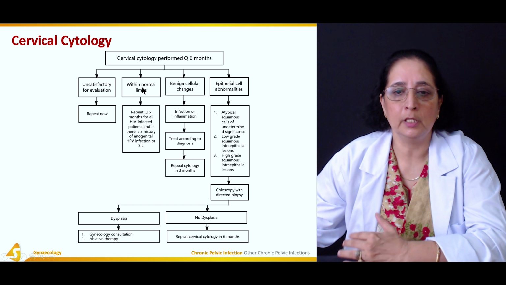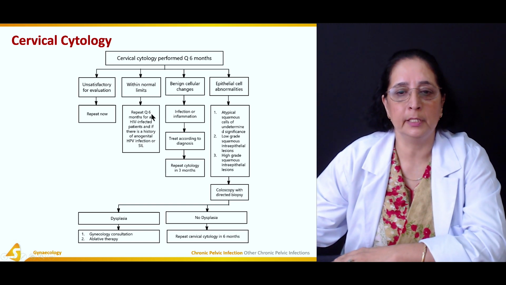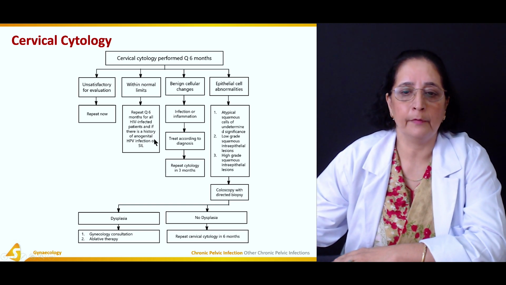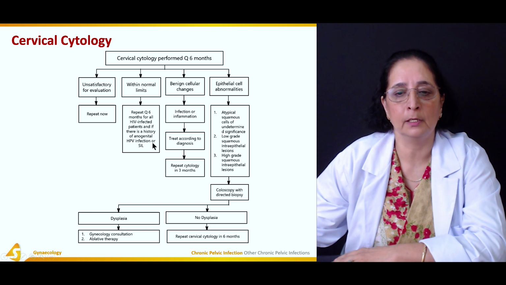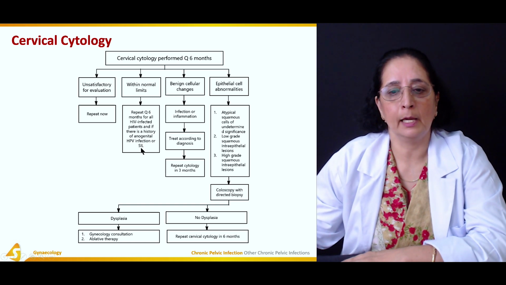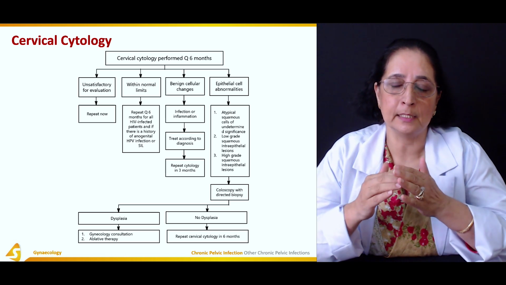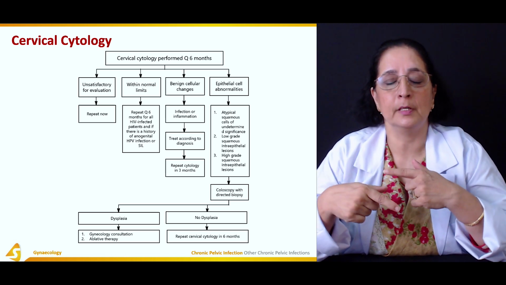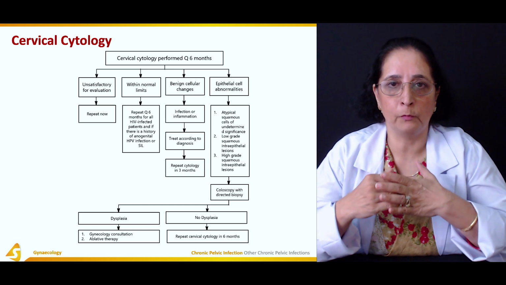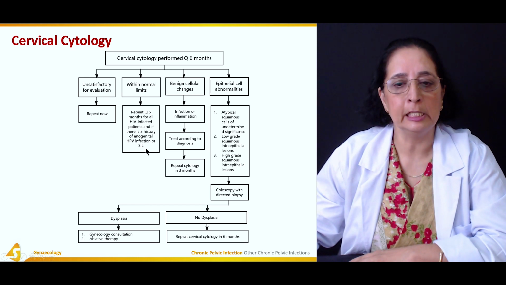If the cells are within normal limits, we repeat the cytology after 6 months for an HIV infected patient, and if there is a history of anogenital HPV infection or SIL, squamous intraepithelial lesion.